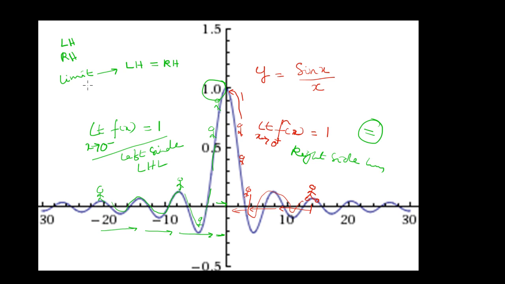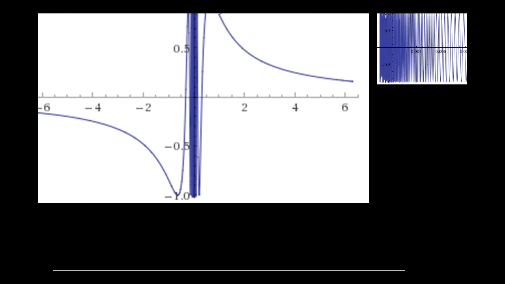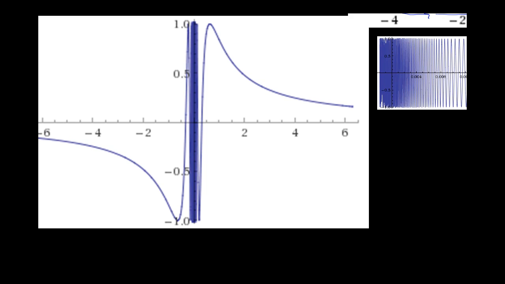Okay, now let's take another example. We have seen many examples of left hand side as well as right hand side. Now let's take another interesting example. This is a plot of y is equal to sine 1 by x. It's a very interesting plot.